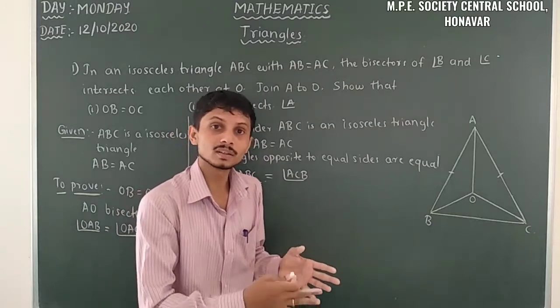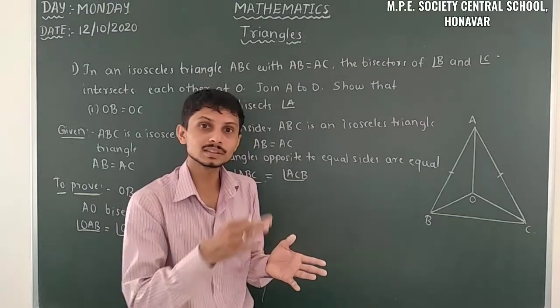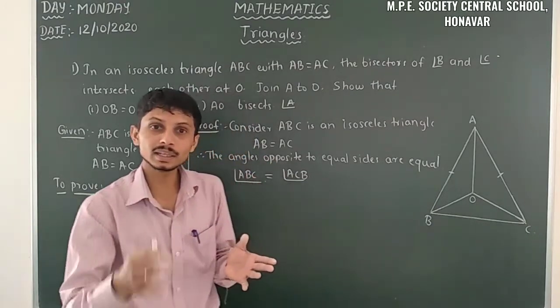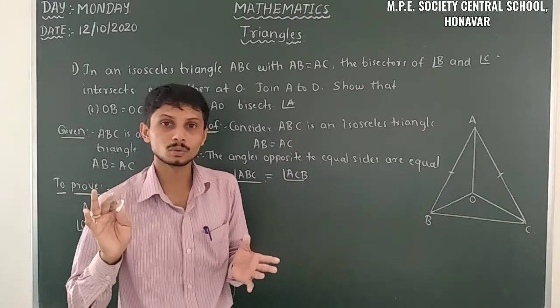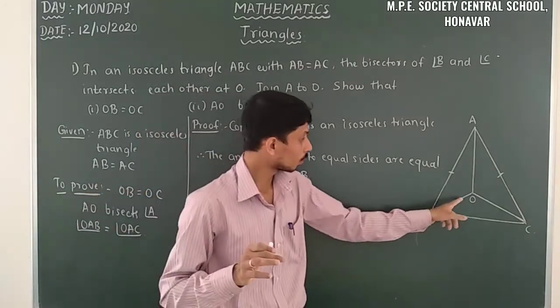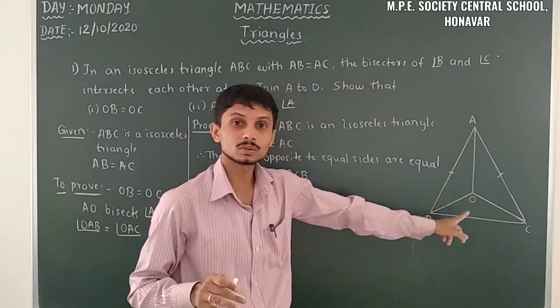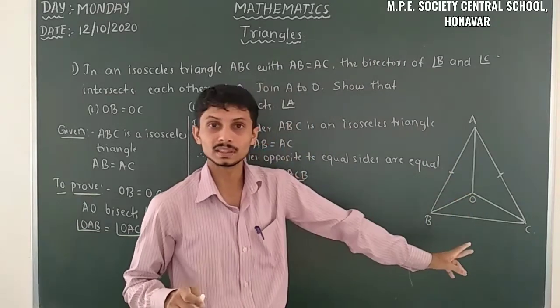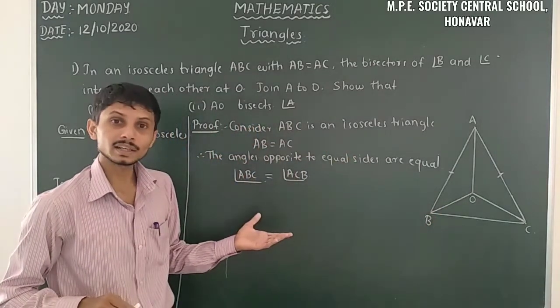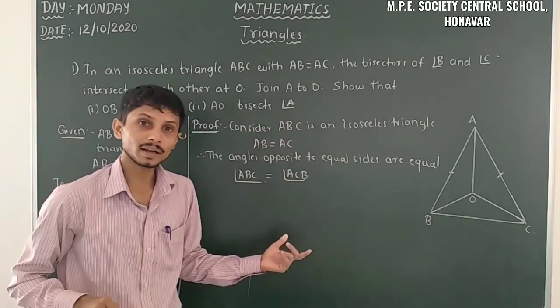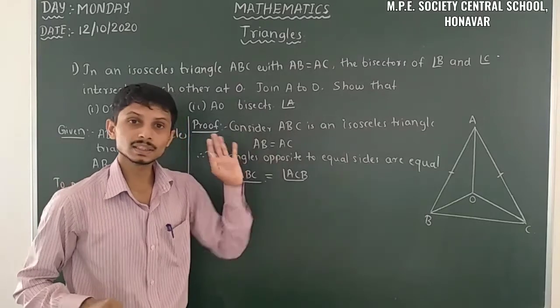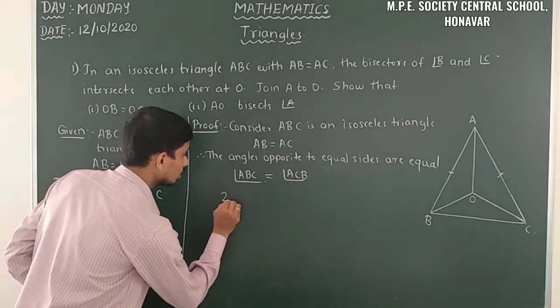When those two angles are equal, we can replace one of them, so OBA plus OBC converts into OBC plus OBC. That means we can take it as 2 into angle OBC.